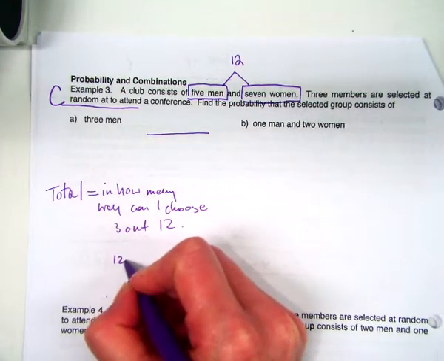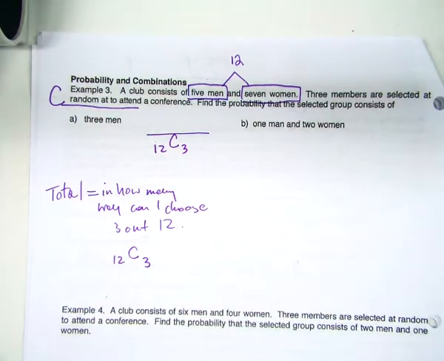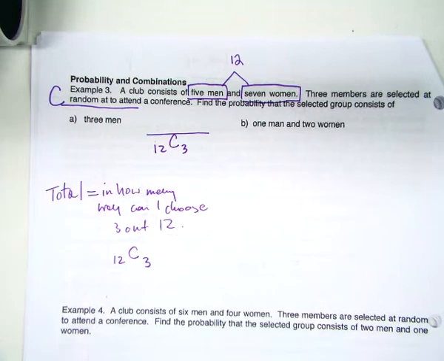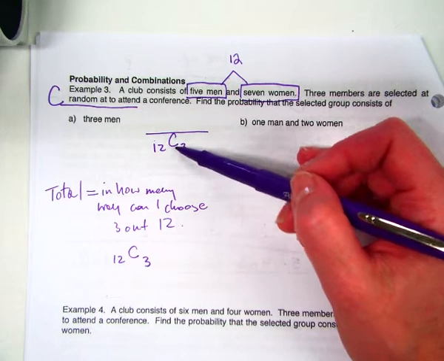So your total is 12, choose 3. That's going to be our denominator. And how many ways can you choose? We did problems like this where that was the only thing you had to do. But now, because we are being asked about probability, you have to make a fraction out of it.